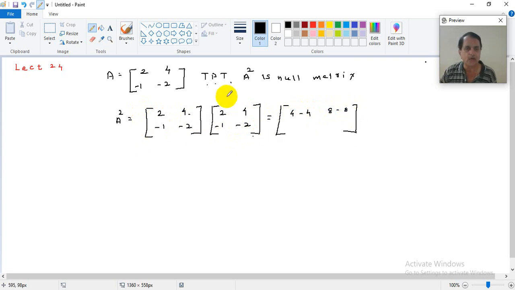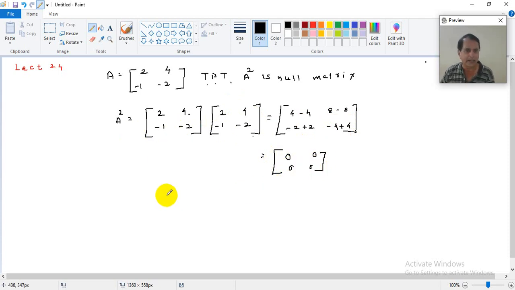Then second row, first column: minus 1 into 2 is minus 2 and minus 2 into minus 1 is plus 2, so minus 2 plus 2. And then second row, second column: minus 1 into 4 is minus 4 and minus 2 into minus 2 is plus 4. So what I get? Here I get all the elements equal to 0.